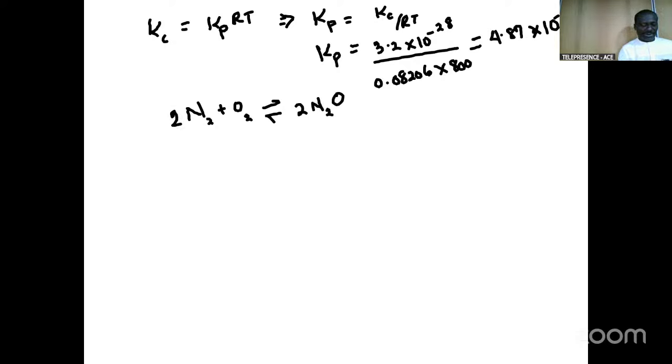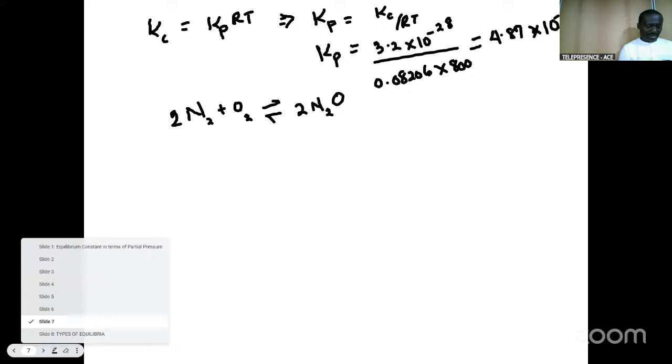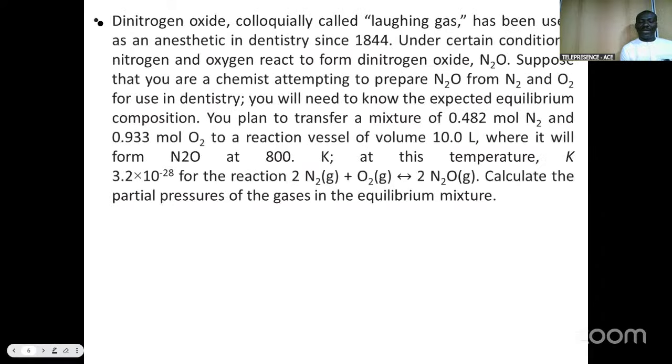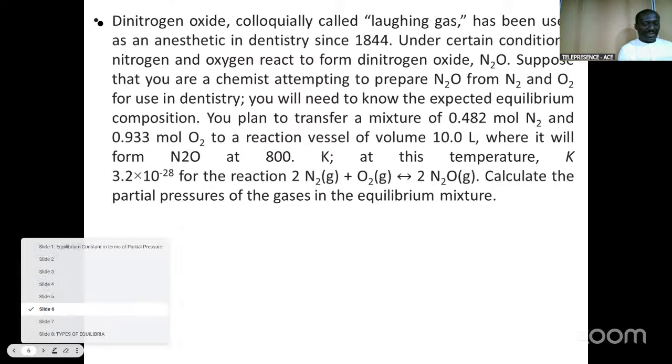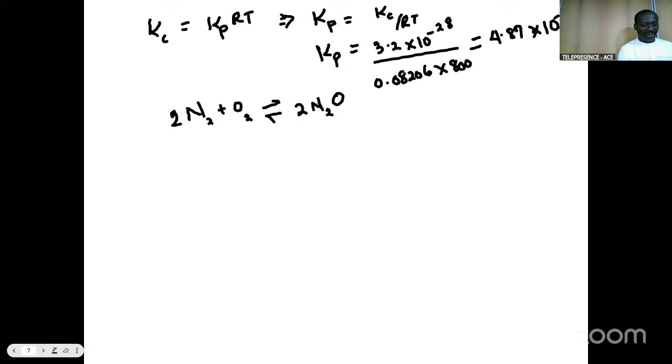We've gotten the Kp. Now a way to go about this is that if we can know the concentration of each of them at equilibrium, we can know their partial pressure at equilibrium.